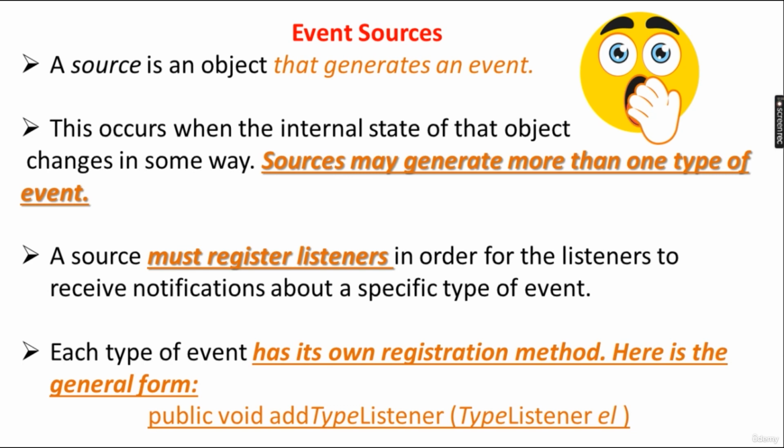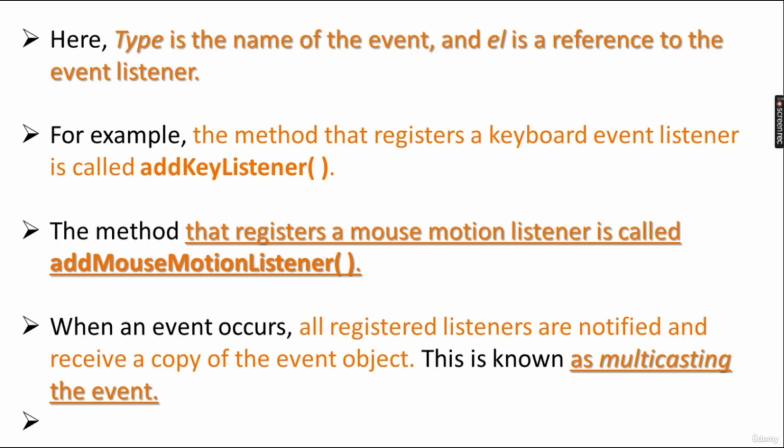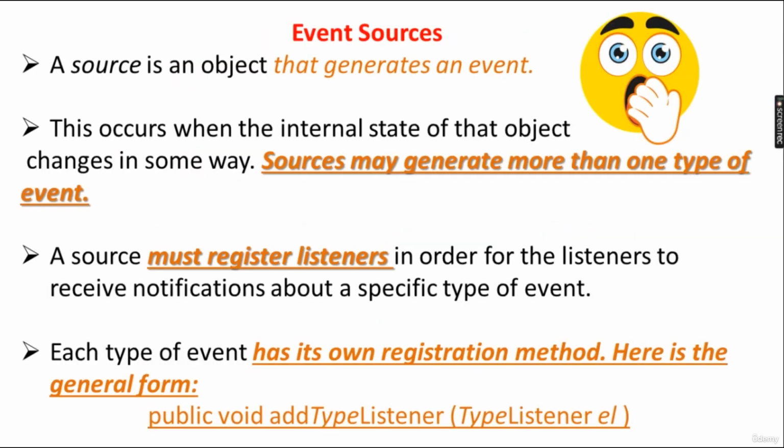So each type of event has its own registration method available. Type is the name of the event, and el is a reference to the event listener. The method that registers a keyboard event listener is called addKeyListener.